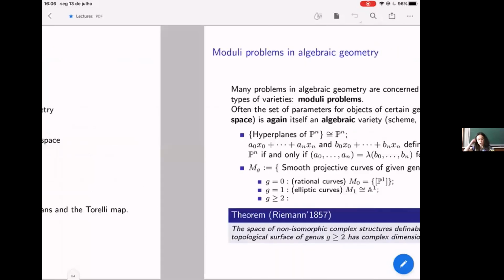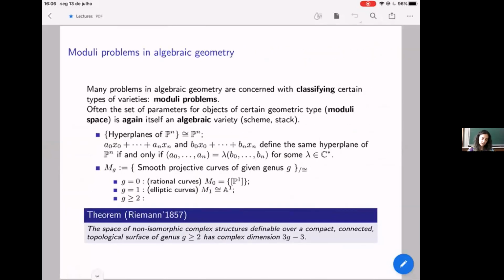All right, so I will start from the very beginning and tell you a little about moduli problems in algebraic geometry. As you know, in algebraic geometry, we usually try to study classes of algebraic geometric problems by studying parameter spaces for this class.